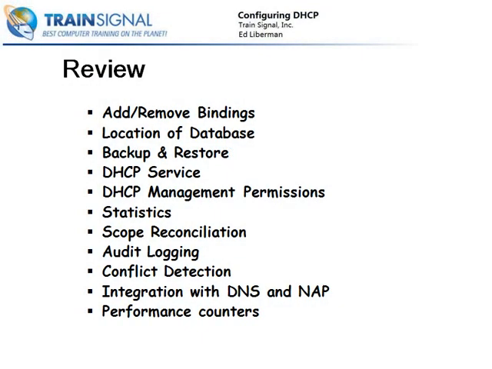So, in this video, I've shown you some of the basic maintenance tasks that can be involved in the managing of a DHCP server. These included the adding and removing of network bindings, which is where we can control which networks a DHCP server will provide its services to. I showed you the default location of the DHCP database and how to move that database if necessary.